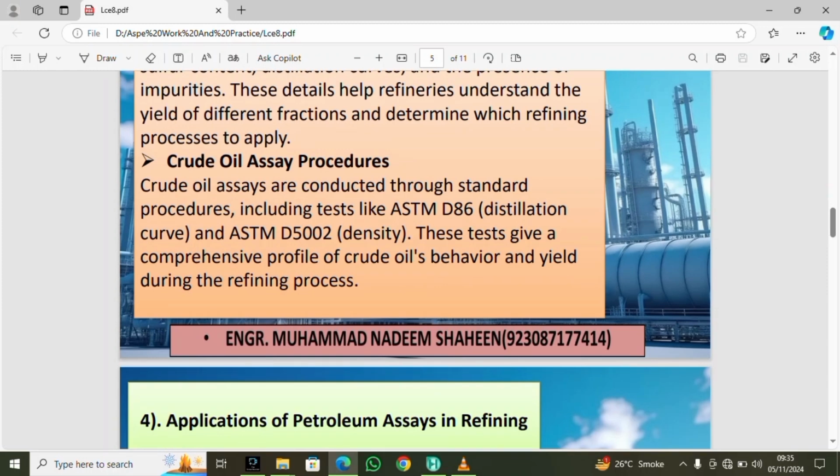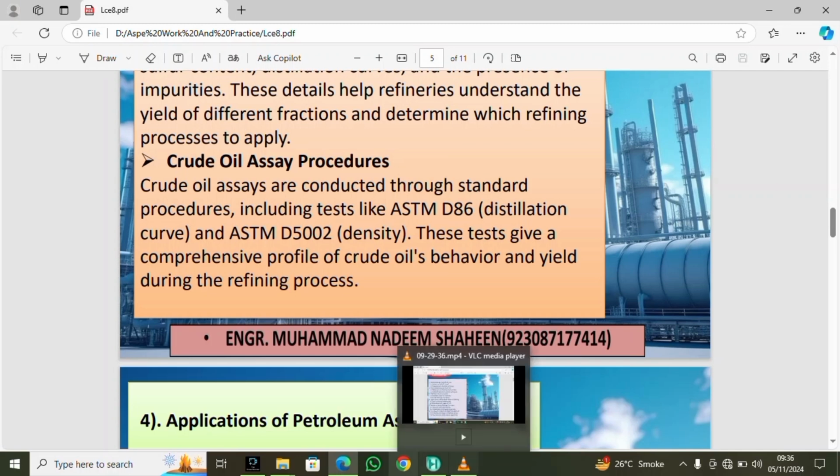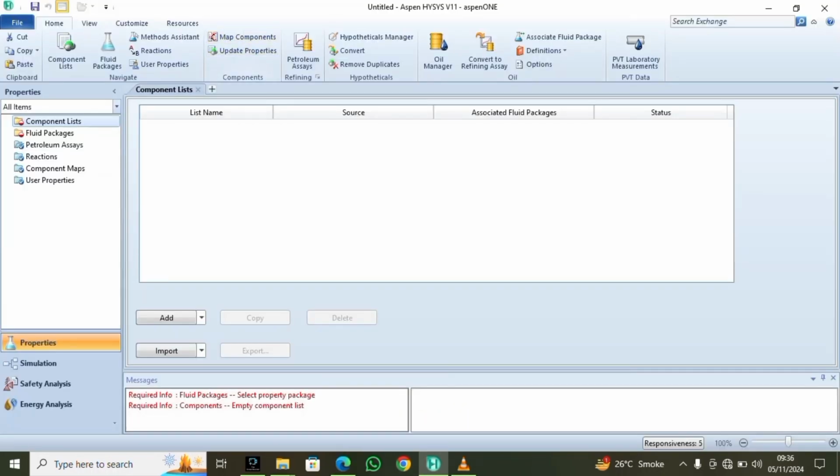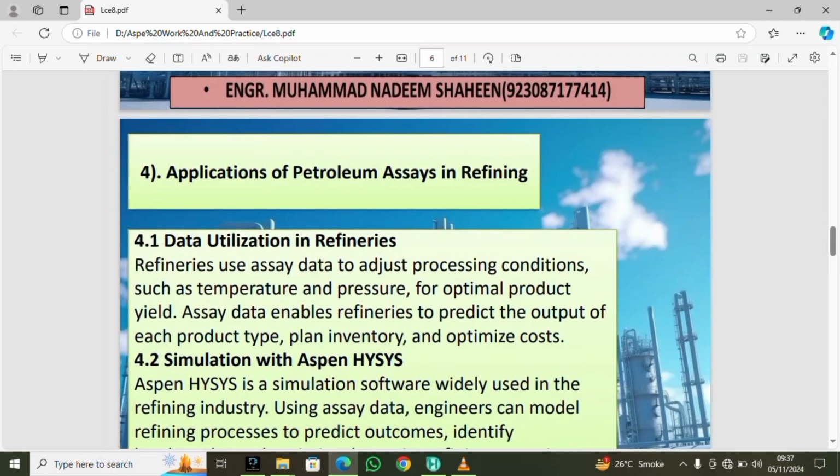Crude oil assay procedures: assays are conducted through procedures including tests like ASTM, distillation curve, and density. These tests give a comprehensive profile of the crude oil's behavior and yield during the refining process. When we have plenty of data, then we use the Petroleum Assays option. If we do not have plenty of data, then we use the oil manager for the crude oil composition. It is a very important point in ASPEN HYSYS.